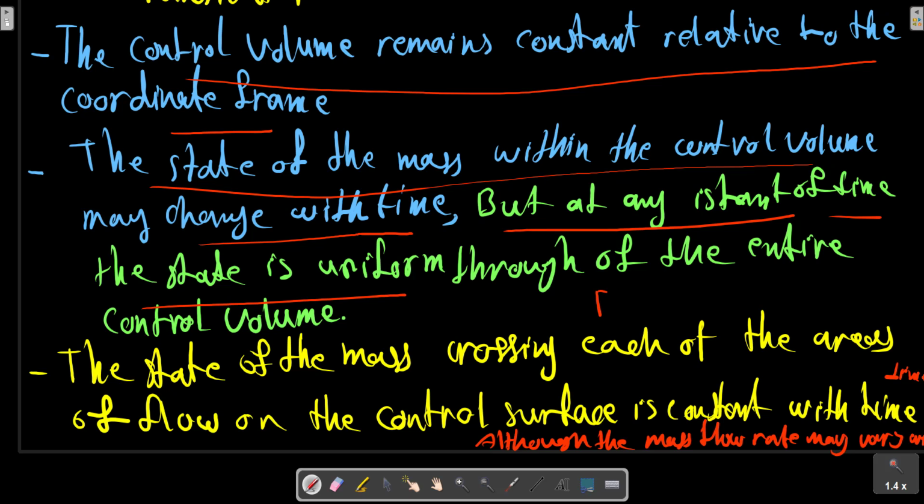It means that, for example, if we consider this point, we always have some properties of flow at this point, but the state may change from point to point. The state of mass crossing each of the areas of flow on the control surface is constant with time. This also says that this state is uniform and constant, but may vary from one section to another in a pipe flow, for example.